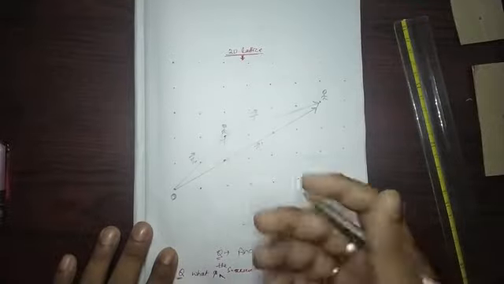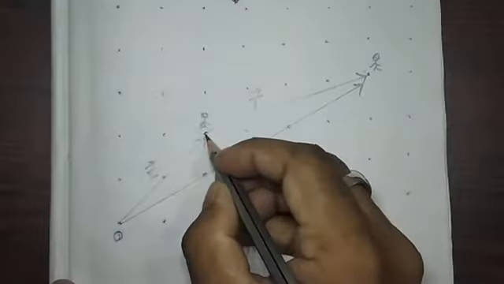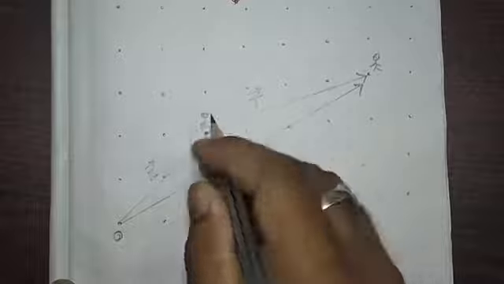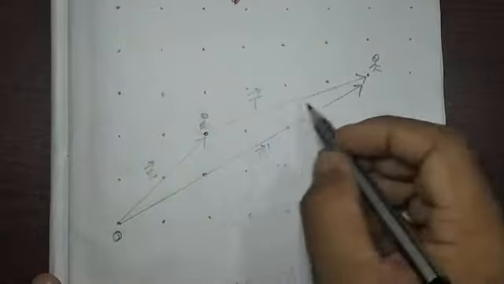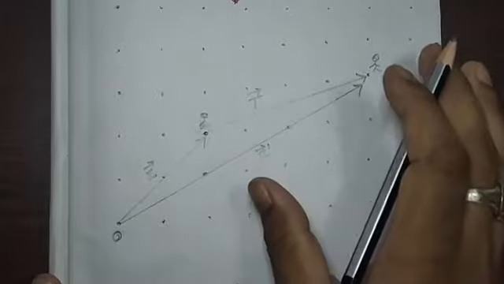So here what we have concluded is that if we apply a translational operation to this lattice on any lattice point, then its initial surrounding and its final surrounding are alike.